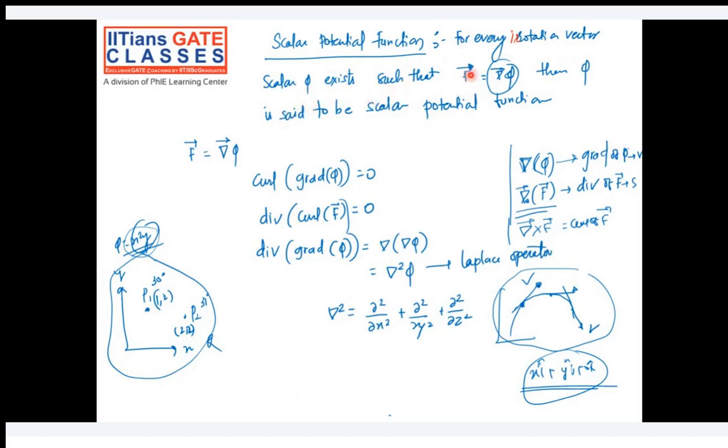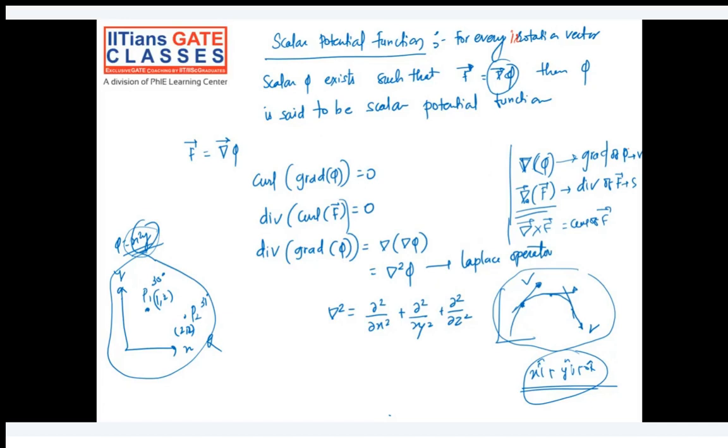So try to understand what they are saying. When we say irrotational vector, it means that vector has a curl, or non-zero, meaning the curl of that vector is not 0.